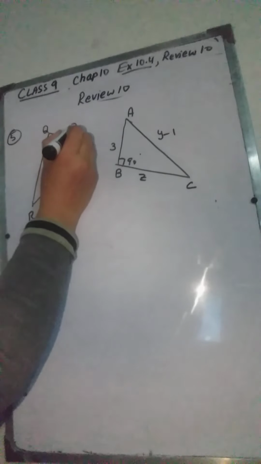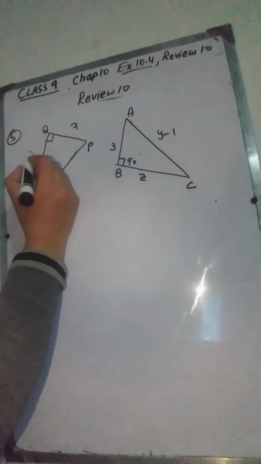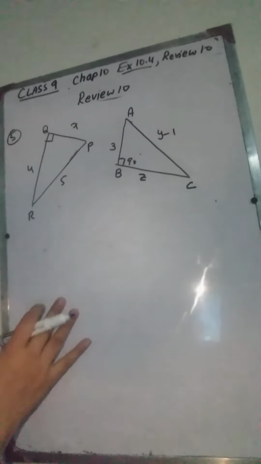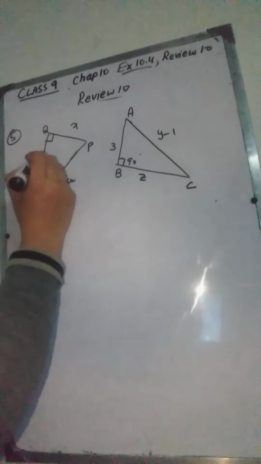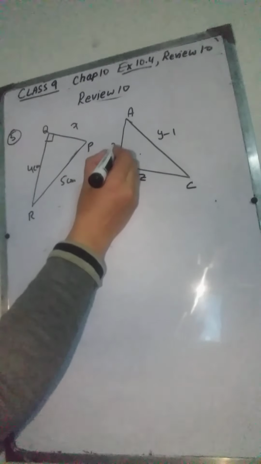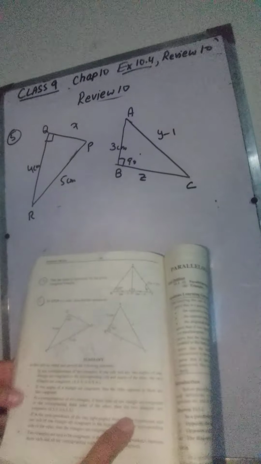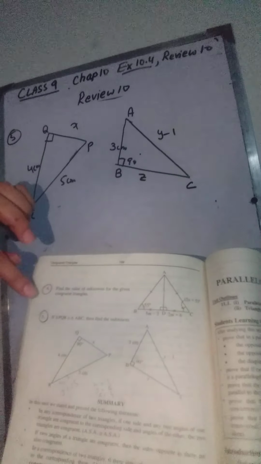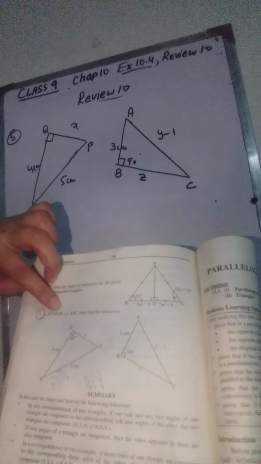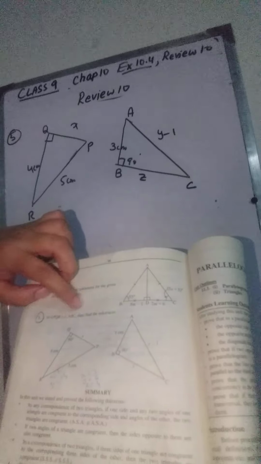Here this angle is 90, x, 5 and 4. We are given that this is 4 centimeters. Here it is 3 centimeters. In the question it is given that if triangle PQR is congruent to triangle ABC, then find the unknowns.